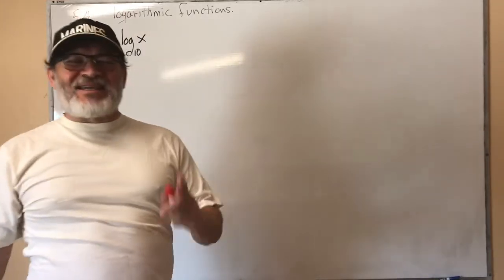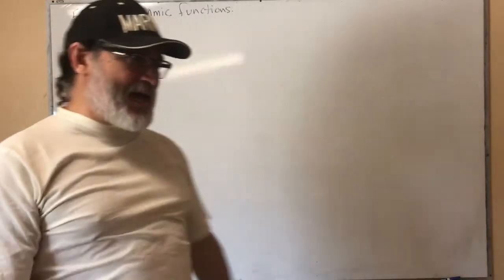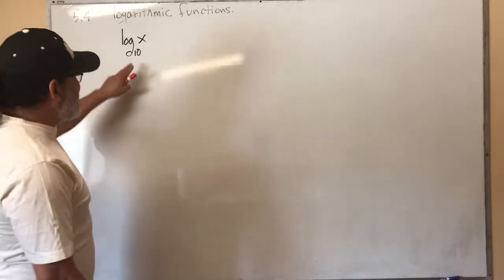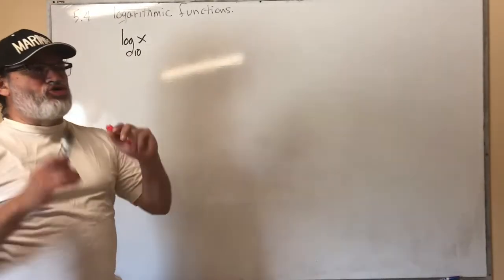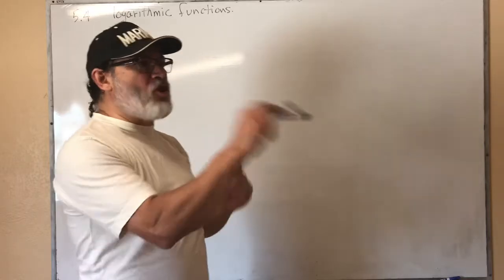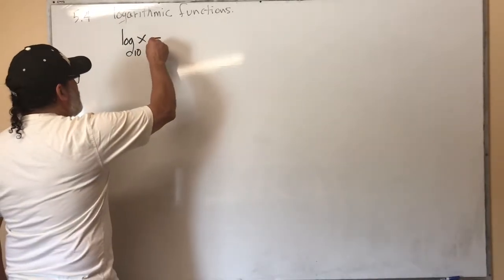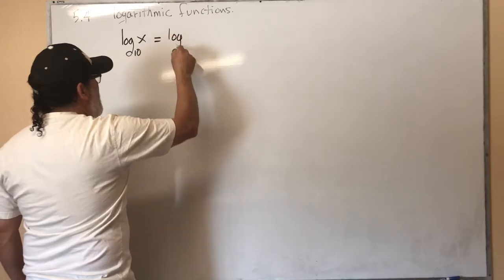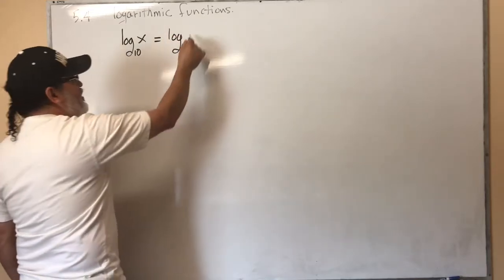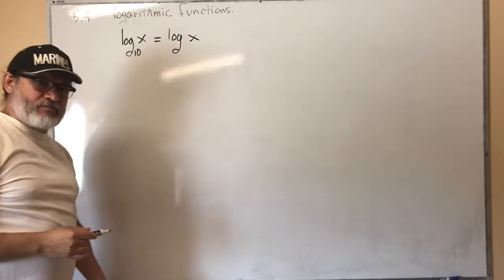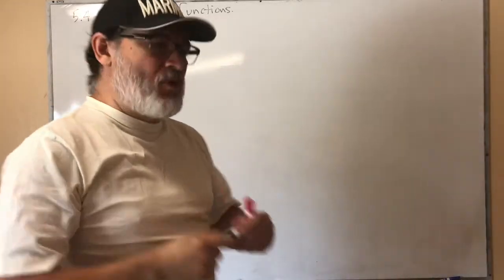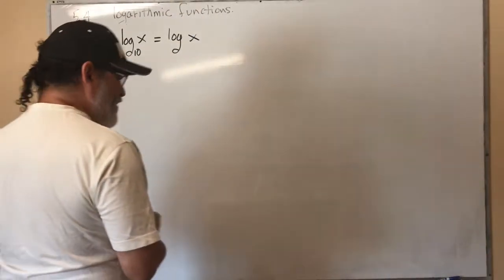When the base is 10, good class, you do not have to show it. So this equals log base 10 of x, you don't have to show it, when the base is 10.